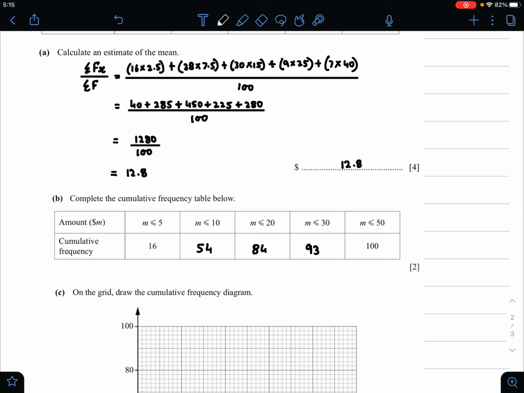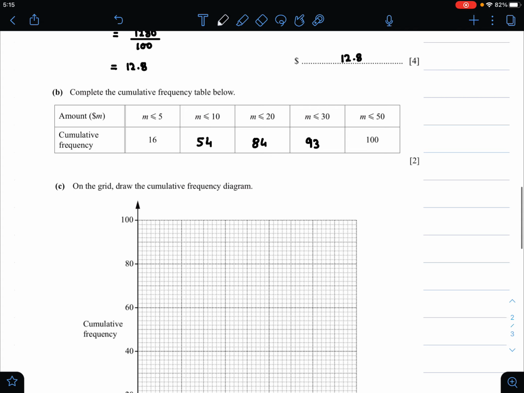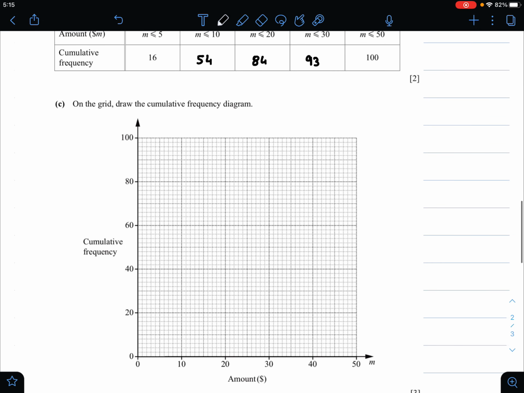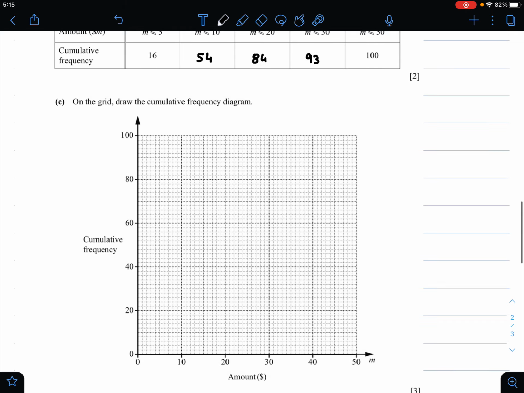So for part C, they are asking us to draw the cumulative frequency diagram. So we can easily do that. The points would be the amount and the cumulative frequency. So the first one is 5, 16, so that would be right here.